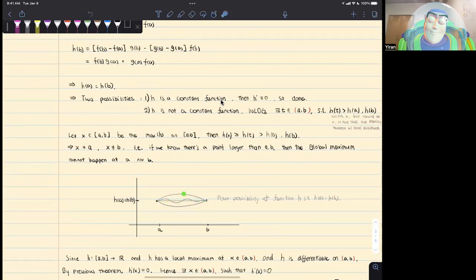Well, what if not? What if it's other cases? Without loss of generality, we can show there exists a point t in this open interval such that h(t) is larger than h(a) or h(b).